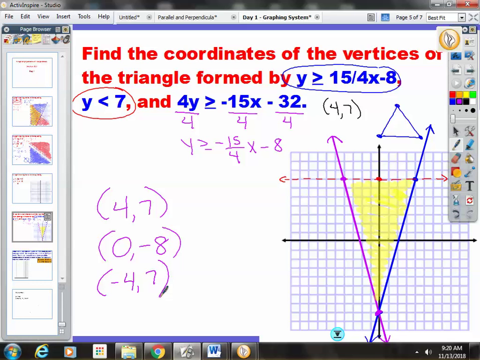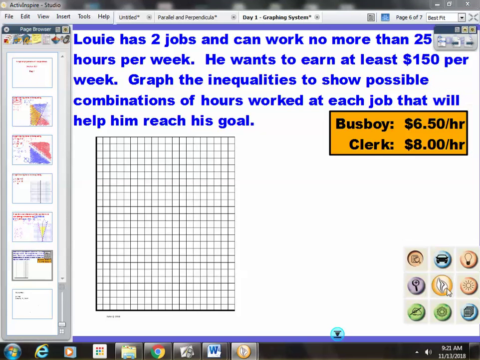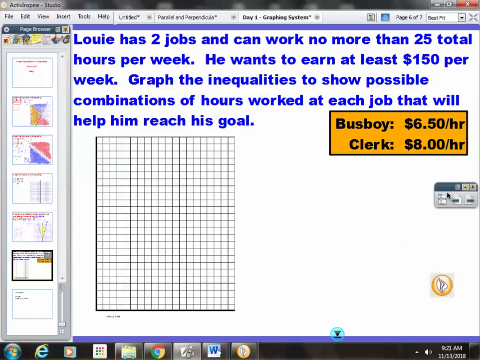Alright, I've got one more example. Let's do this one. It says Louis has 2 jobs and can work no more than 25 total hours per week. He wants to earn at least $150 per week.